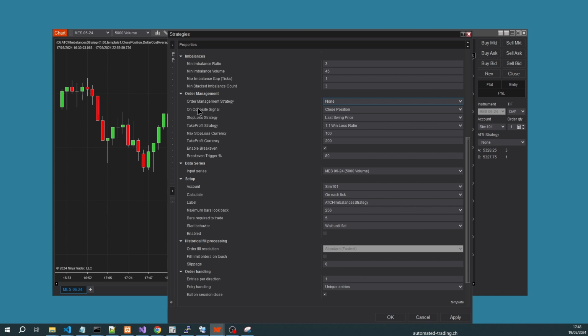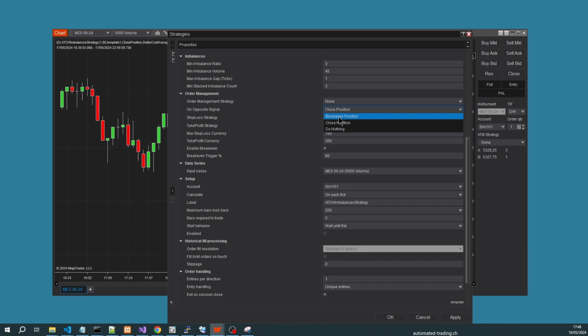Then the next parameter is what you do on opposite signal. Suppose you have a buy stacked imbalance, you open a long position, and then you see a sell side stacked imbalance. What do you do? If you select this to close position, then the strategy will close the active position. If it is profitable, it will close it. So this is an option. Then you can also choose to set a break even for the position.